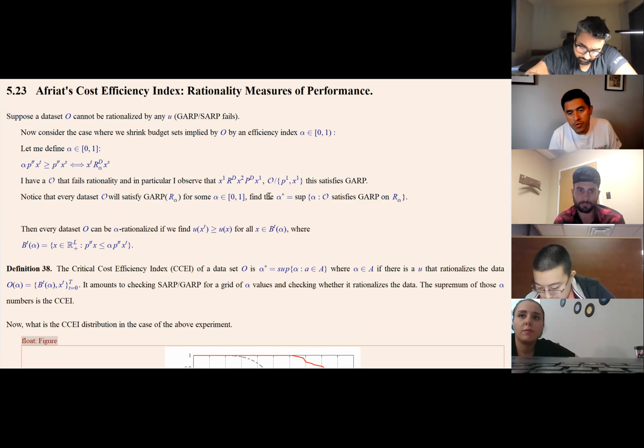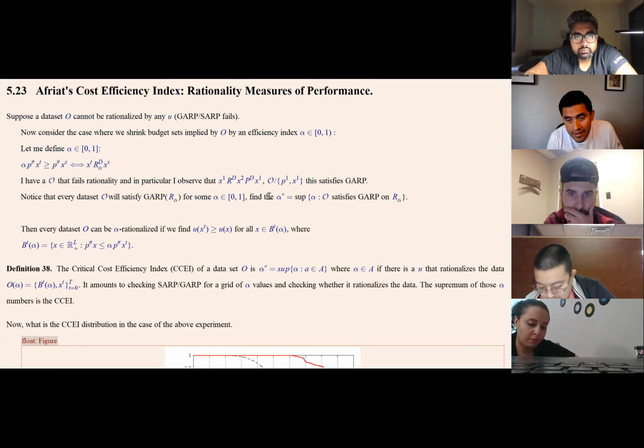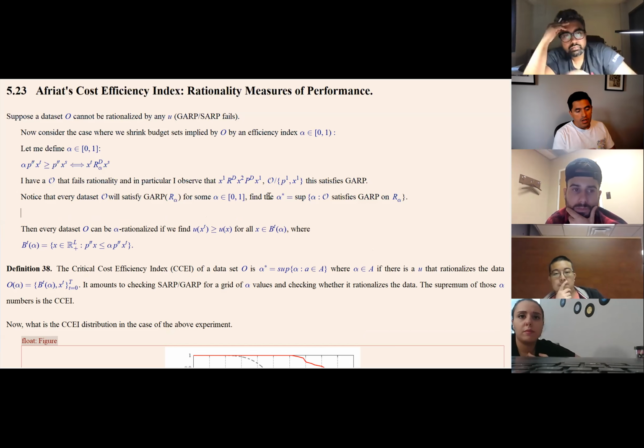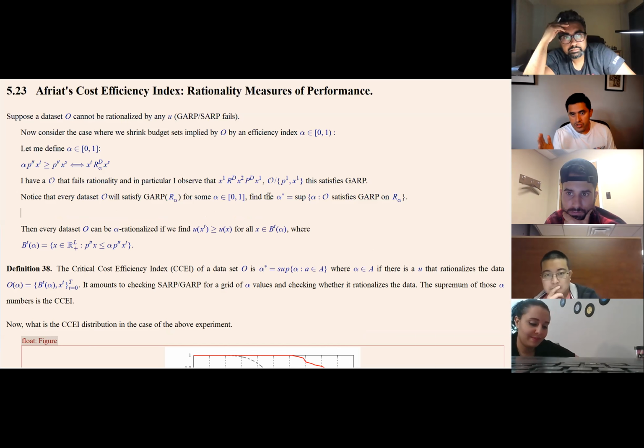In other words, I'm going to find the highest efficiency compatible with GARP. Got it? So in particular, this measure, if you are rational, is going to be 1. If you are completely non-rational, it's going to be 0. And then it's going to be continuous.